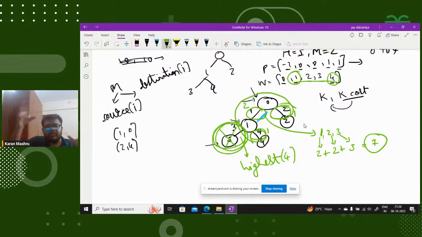If we look at all the paths, some edges will be repeated multiple times, some will come one time, some two times, some three times, and some will never be used. So in order to get the least cost possible, I will associate the minimum cost with the edge which is coming the most number of times.